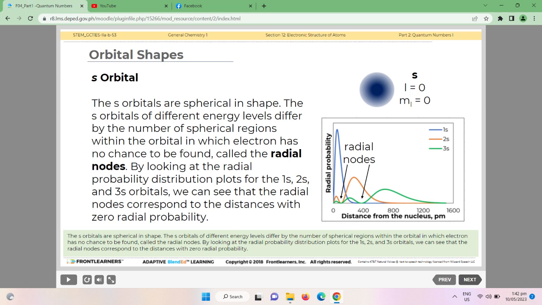The s orbitals of different energy levels differ by the number of spherical regions within the orbital in which the electron has no chance to be found, called the radial nodes. By looking at the radial probability distribution plots for the 1s, 2s, and 3s orbitals, we can see that the radial nodes correspond to the distances with zero radial probability.